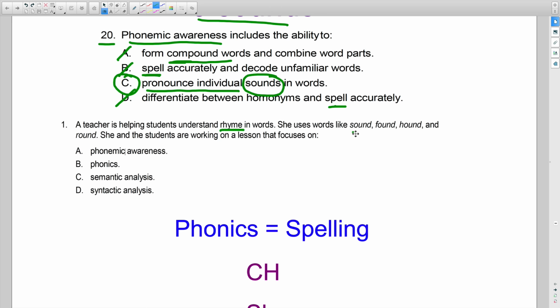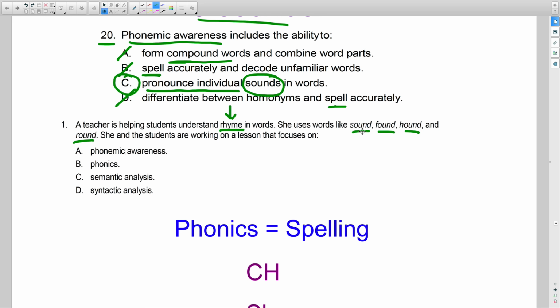She uses words like sound, found, hound, and round. She and the students are working on a lesson that focuses on. Now, this is a little bit different than just talking about the definition of phonemic awareness here. We are talking about rhyme. And remember, you got to think in depth. Rhyme has to do with the way words sound.